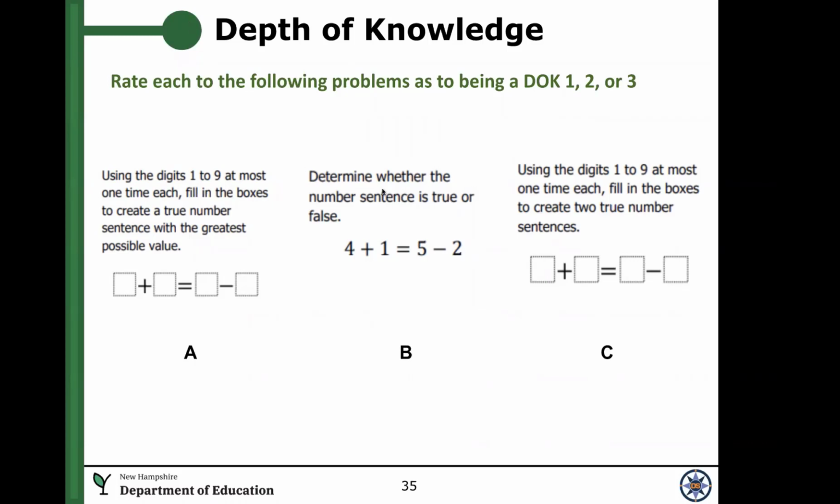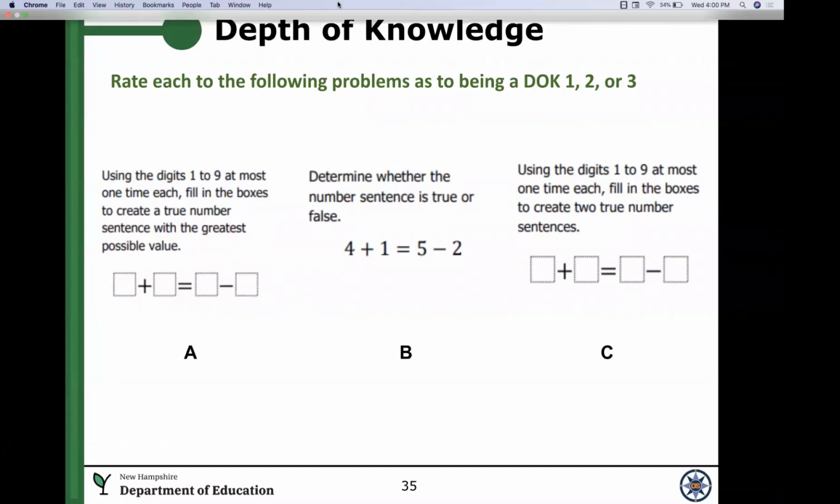So looking at the math end of things, there are three questions up there. If you can put in the chat, going from DOK1 to DOK3, DOK4 mathematics would tend to be a task that would last over a class period or a couple of class periods.